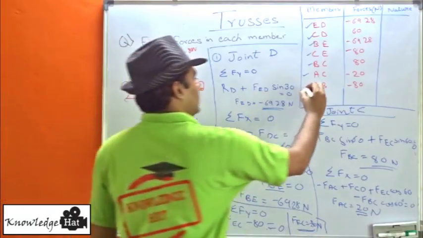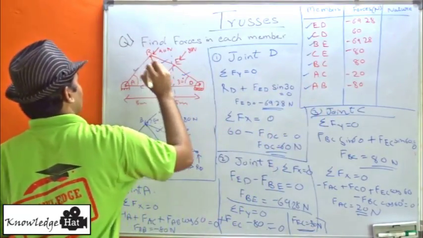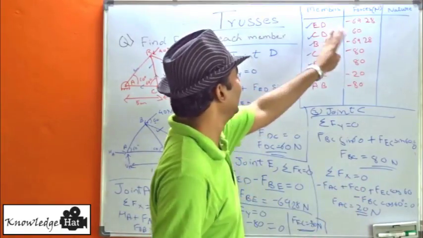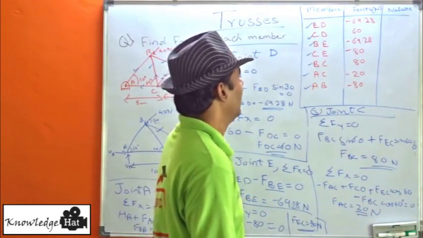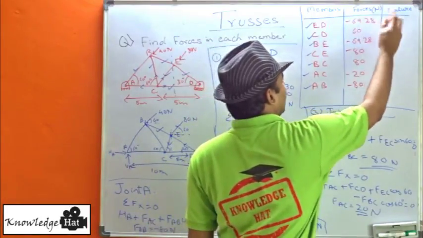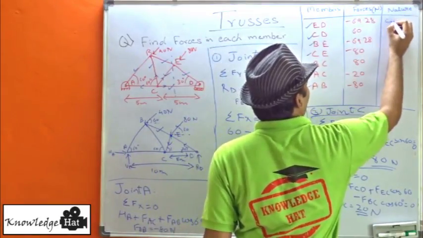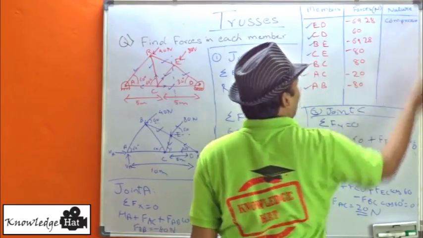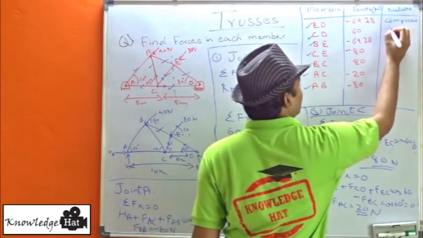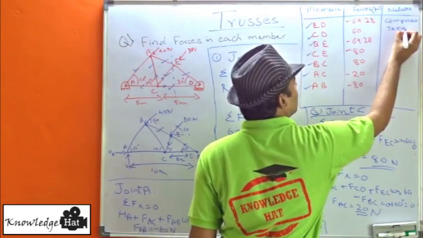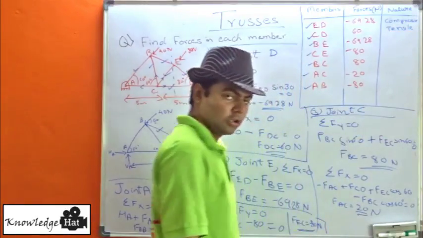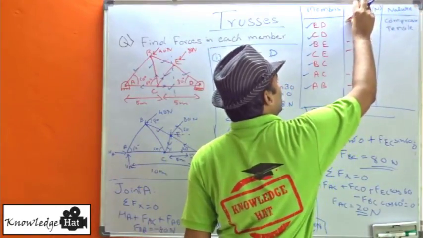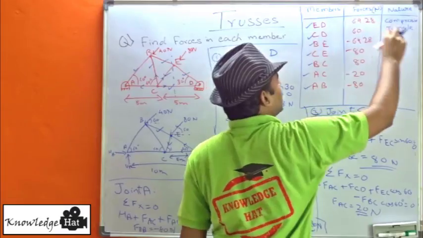Now all these numbers are done and we get all the values. We also have to interpret the data that we have. The negative data indicates the force is a compressive force, and the positive data indicates that the force is a tensile force. Also, once we write the nature of the force, we don't have to put this negative sign. So this becomes positive.